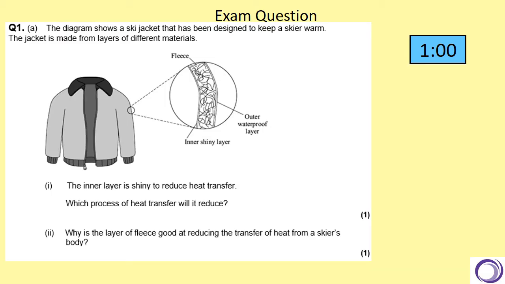Exam question then. I've just done it in 2 bits, so we're going to look at the first bit first, which is worth 2 marks. I'm going to give you a minute. I want you to have a look yourself. I'm not going to read it to you, so it's just about a ski jacket, but exactly the same principle.